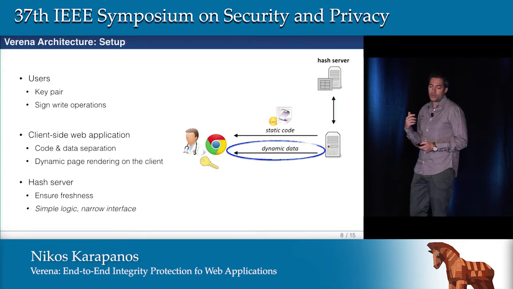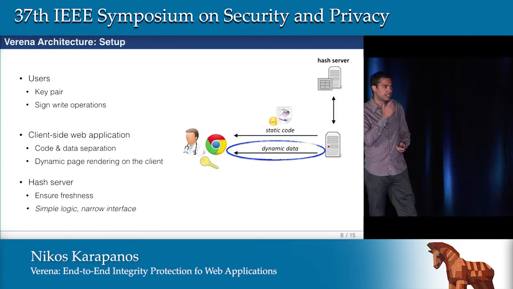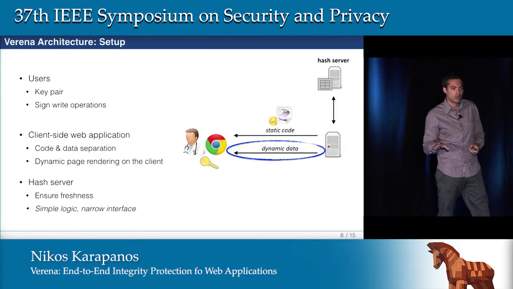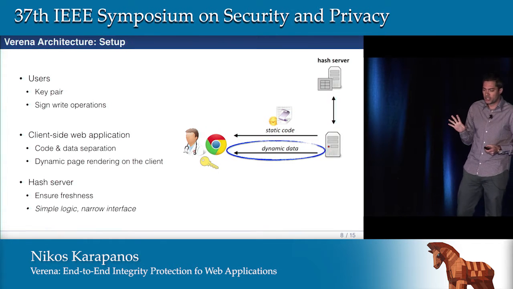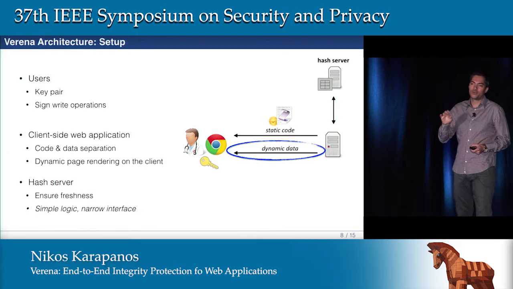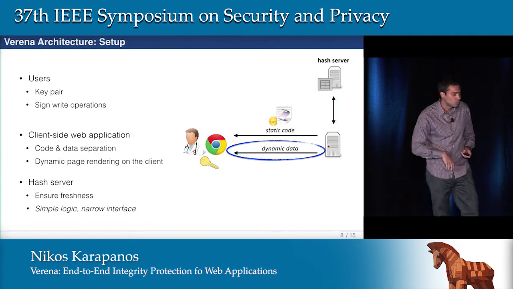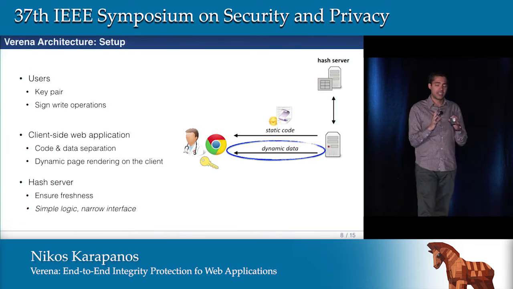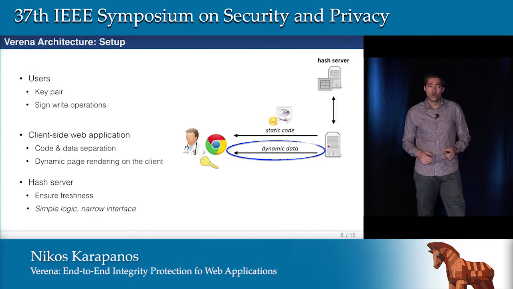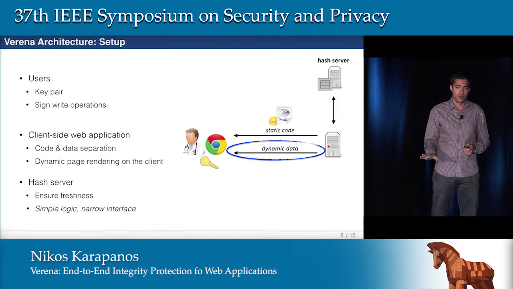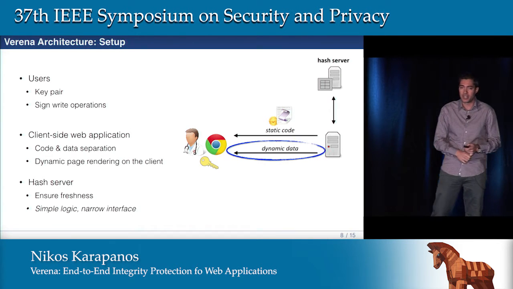This is what we call the hash server. You can think of it as a simple key-value store with very simple logic, which boils down to: put something, get something back. It implements this narrow interface, and all we require from this server is that it doesn't collude with the main server, which is the server compromised by the attacker.